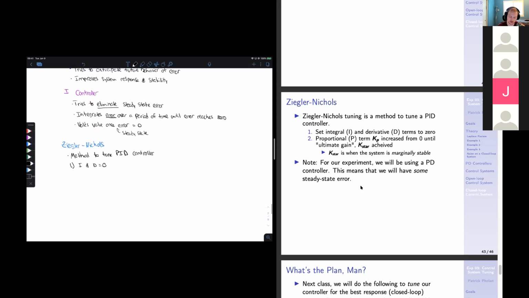Both of them are equal to 0. Then adjust KP until marginally stable. And that equals K star.